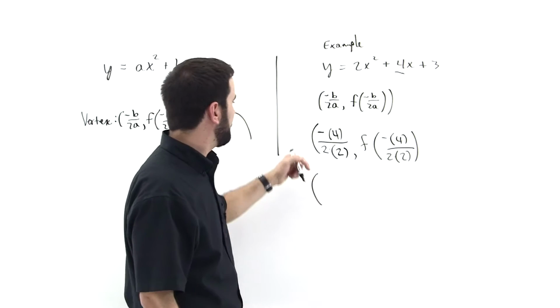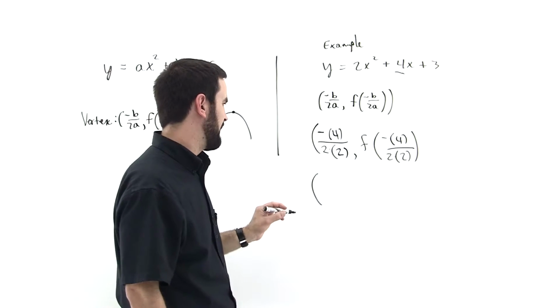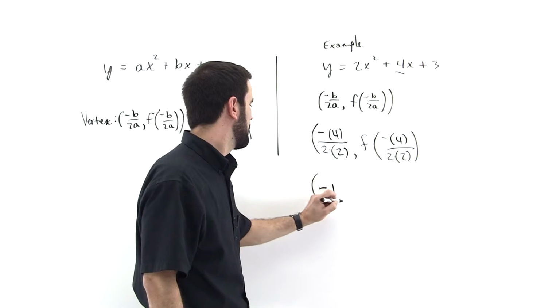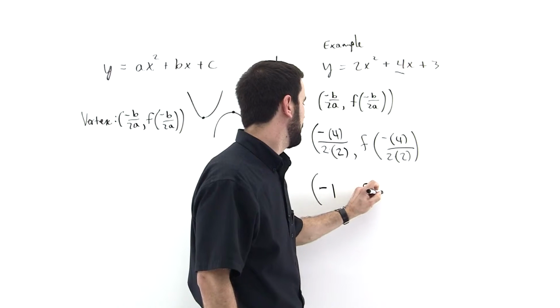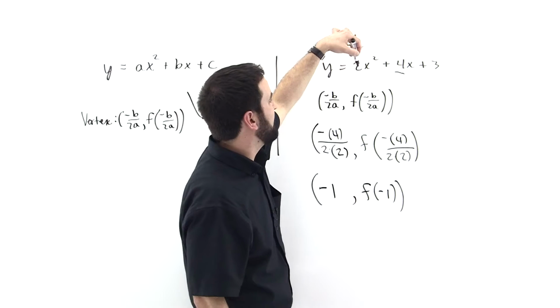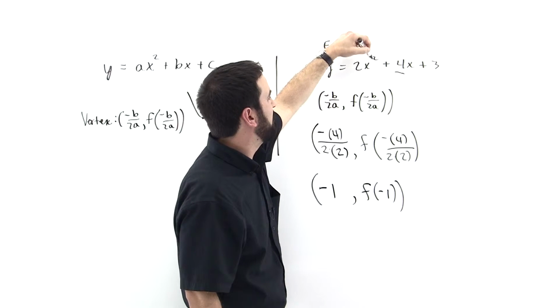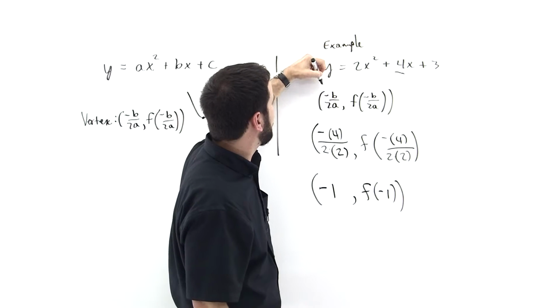So let's carry this out. Negative 4 divided by 2 times 2 is 4, so negative 4 divided by 4 is negative 1. And then we need f of negative 1, right? Plugging negative 1 into here, we have negative 1 squared is positive 1, so 2 times this becomes 2, right? So let's do this.